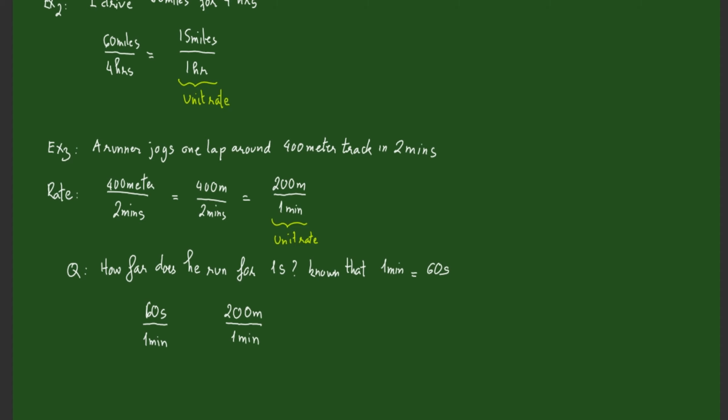Because we always have two conversion factors, and we want to cancel the minute, the minute should be on the top. So 1 minute on the top, and then you have seconds at the bottom, so it works.